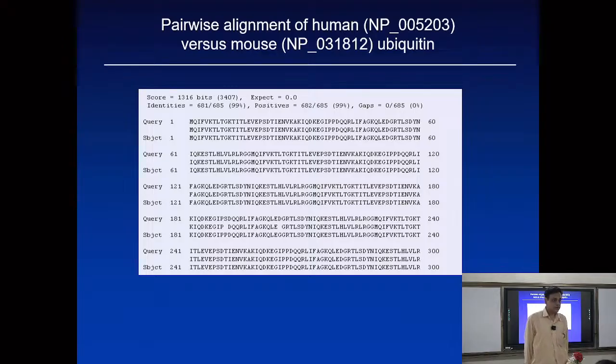Okay, think about random sequences. When you align them, you will get some identical residues that are aligned against each other, same residues aligned against each other. You will get some score. Okay, but if you compare with alignment of homologous sequences, then the score from random would be lower, right?